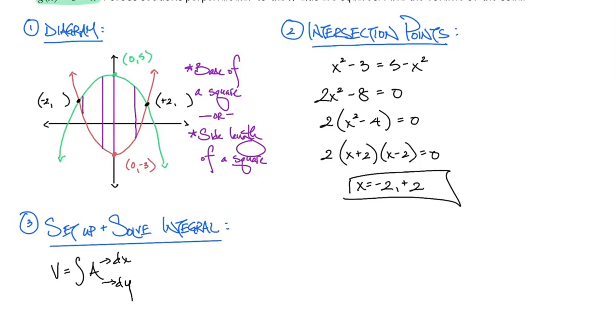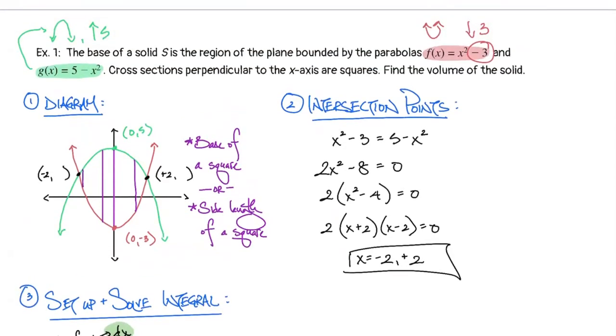Because we are stacking them along the x-axis, we're going to choose dx. The other clue that we have is that all of our equations are already like an f of x, a g of x.